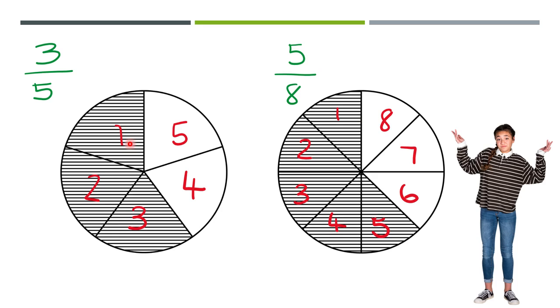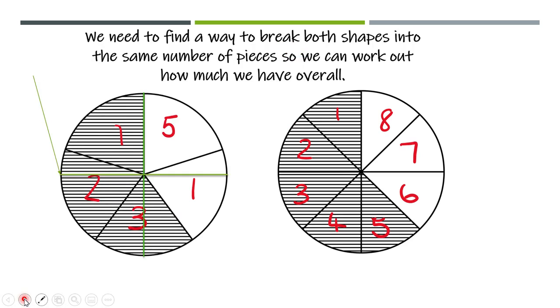And that is why it's really important for us to find a number that we can split both of those whole parts into so that we can add them or subtract them without having to worry about that. So what we want to do is find a way to break both shapes into the same number of pieces, so then we can work out how much we have overall once we either add these bits together, or we might take away part of a number.